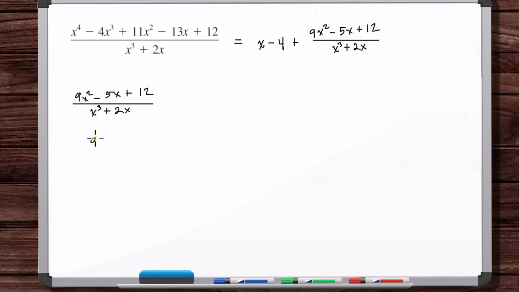So ax plus b is a linear factor to any positive integer power, 1, 2, 3, whatever, and then ax squared plus bx plus c is a quadratic factor to any power. So you can take any polynomial and factor it into one or more factors like this. Okay, so that's the first thing we want to do. We're going to factor the denominator.